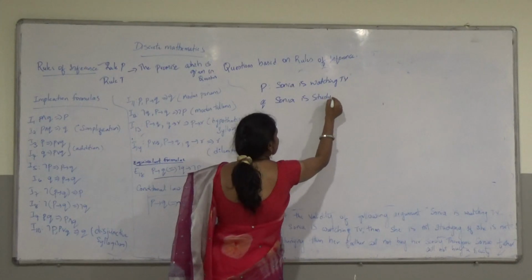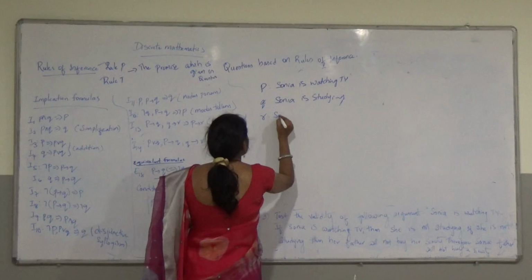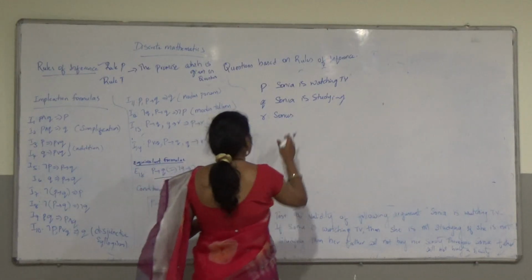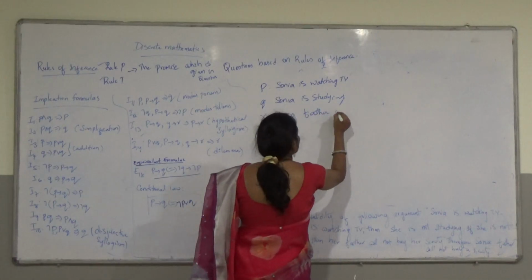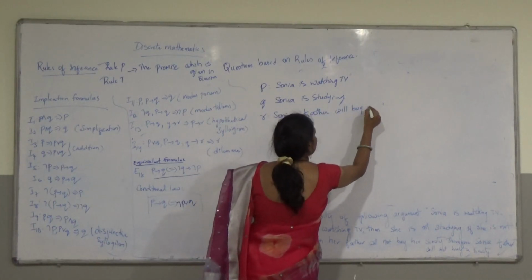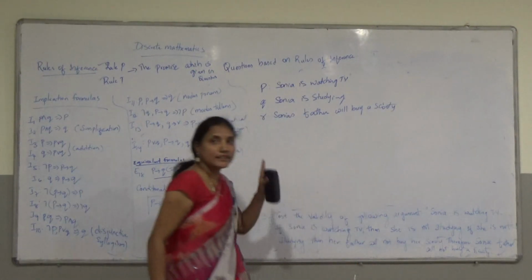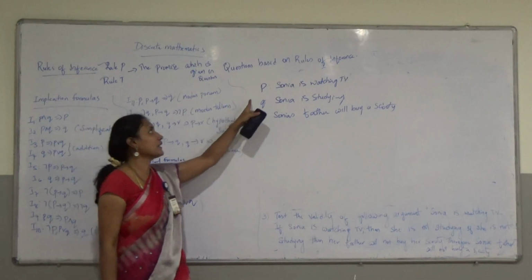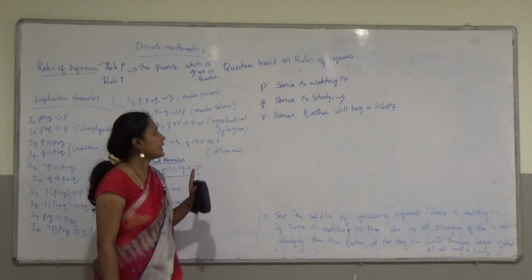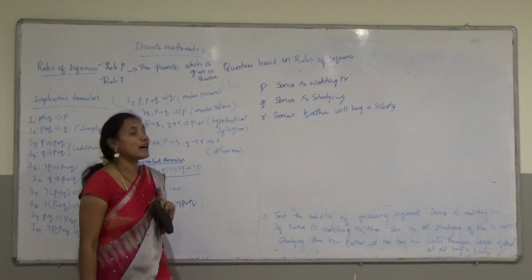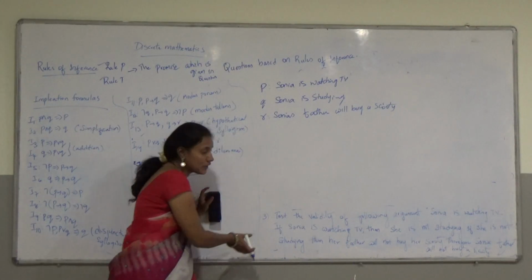That is a generalized statement. Next statement is R, that is Sonia's father will buy a scooty. According to the given question only, we are dividing into different variables. I am assuming P as Sonia is watching TV, Q as Sonia is studying, and R as Sonia's father will buy a scooty. So let us write the premises based on the given question.